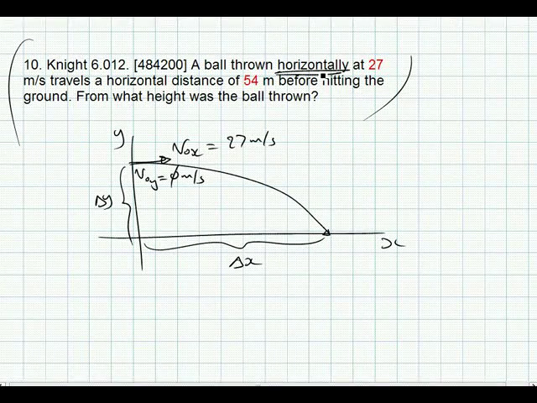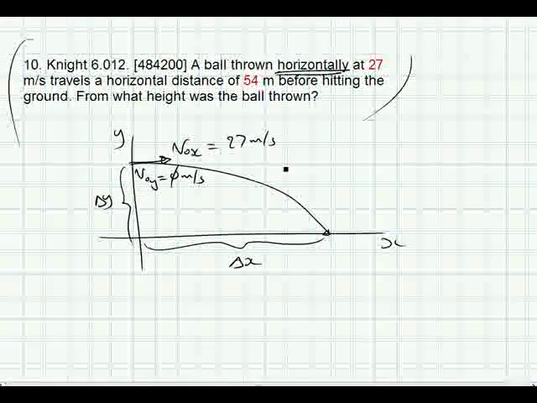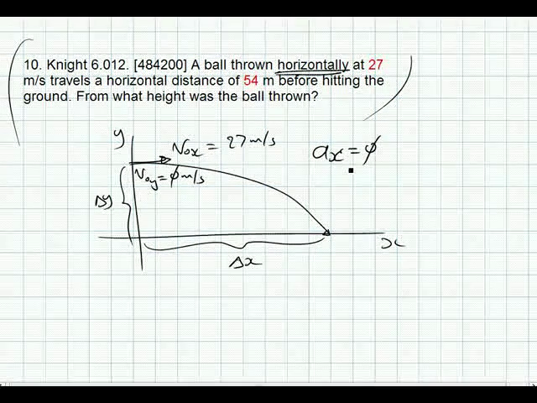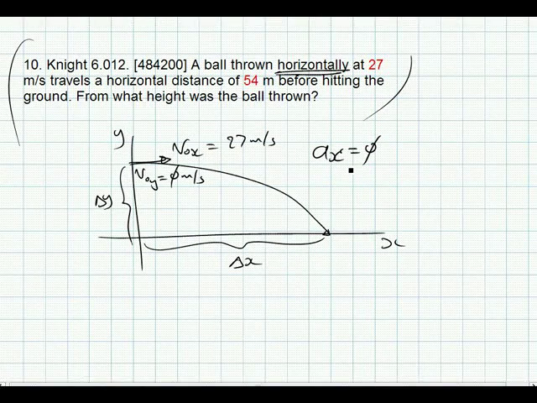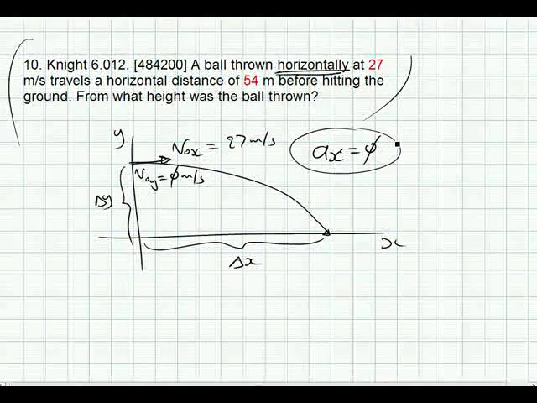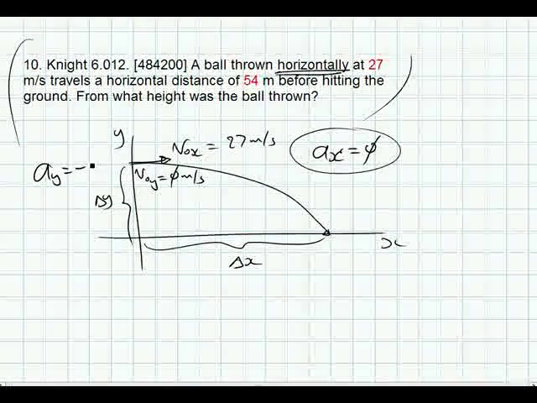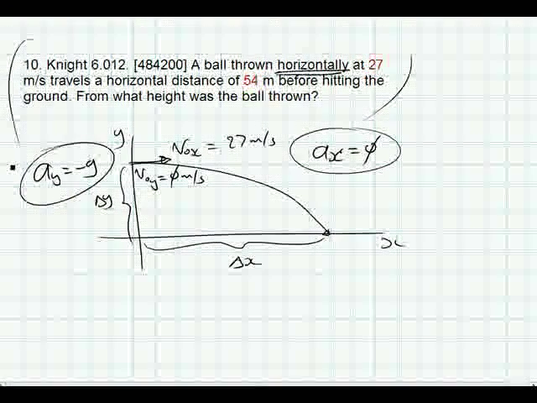Okay, so using the information that we have and the fact that ax is equal to 0, because as soon as the ball leaves one's hand there's no more any force acting on it, therefore ax is 0 in the x direction, but ay is equal to minus g.